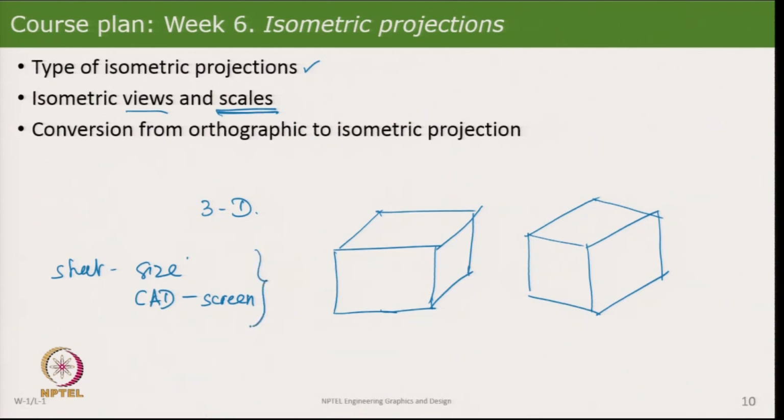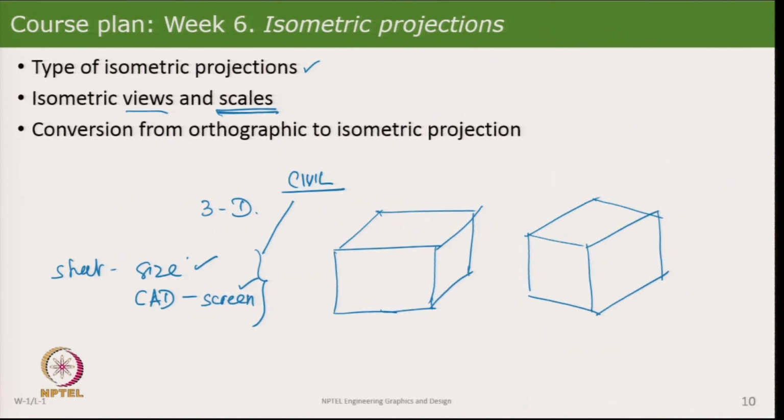So, this is what we interact with as somebody who makes a drawing, but objects need not always be in that same size range. You could have very large ranges, which is what you would see in a civil engineering drawing, say a building, maybe 4-story building, 40 meters wide. We cannot, how do I fit it into a paper or show it on a screen?